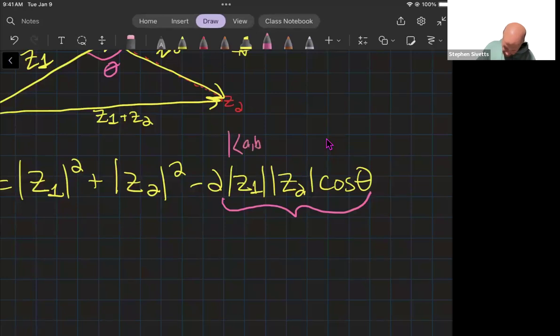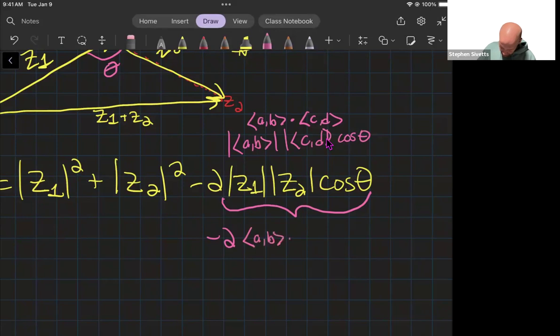The length of AB times the length of CD, times cosine theta. This here is equivalent to the dot product of those two vectors, AB dot CD. So really this quantity is minus 2 times the dot product of these vectors, AB dot CD, right?